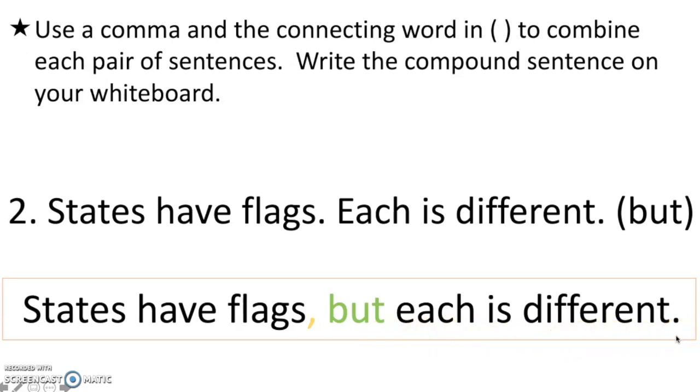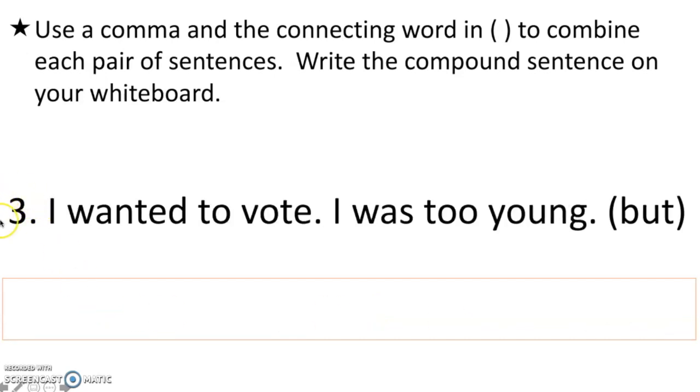All right, let's look at one more example. Read number 3 out loud. It says, I wanted to vote. I was too young. And the word in parentheses, again, is but.